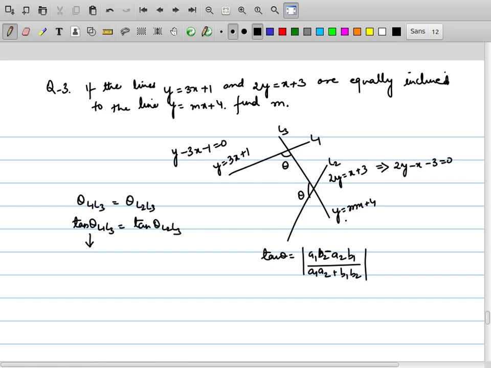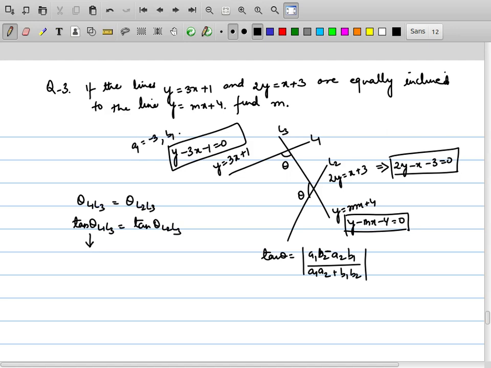Now we can convert this as y minus mx minus 4 is 0. This and this. So what is a1? Minus 3. What is b1? 1. For this line L1. And for L3, let's say a2 is minus m, and what is b2? 1.